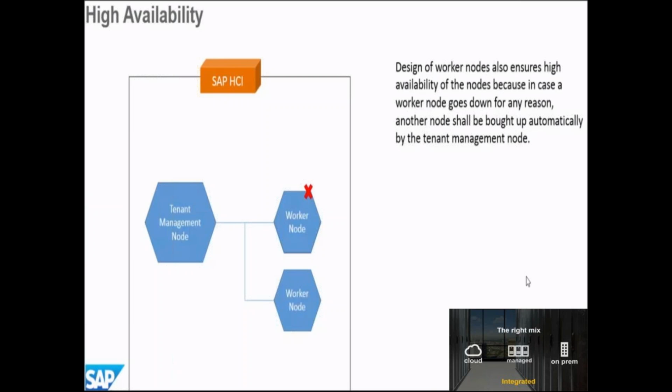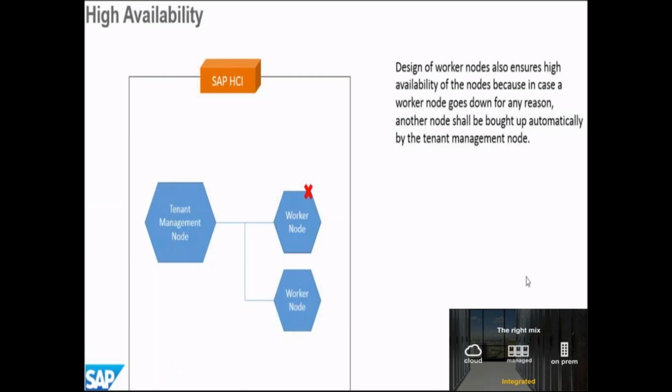So let's say I am a company which is using one worker node, which has one TMN, and in the background I have a worker node. Let's say at that point of time my system is idle. There is no message flowing. So the worker node is available for SAP to use by any other client.